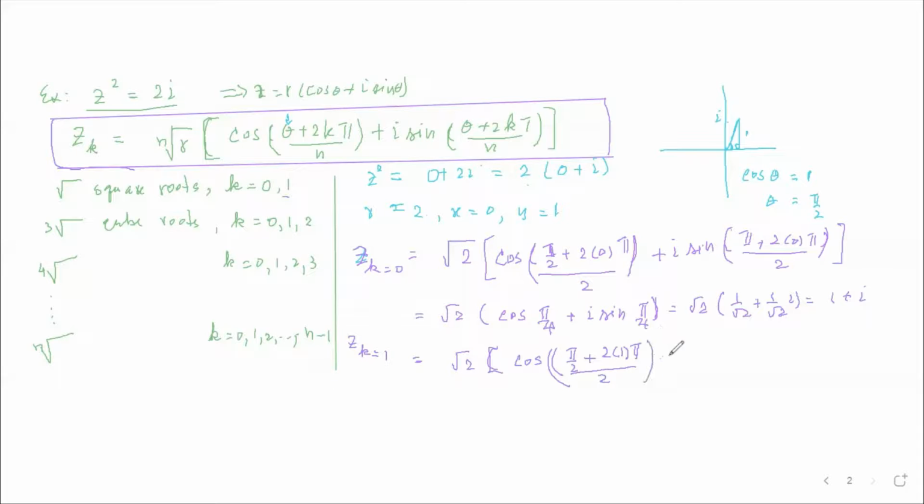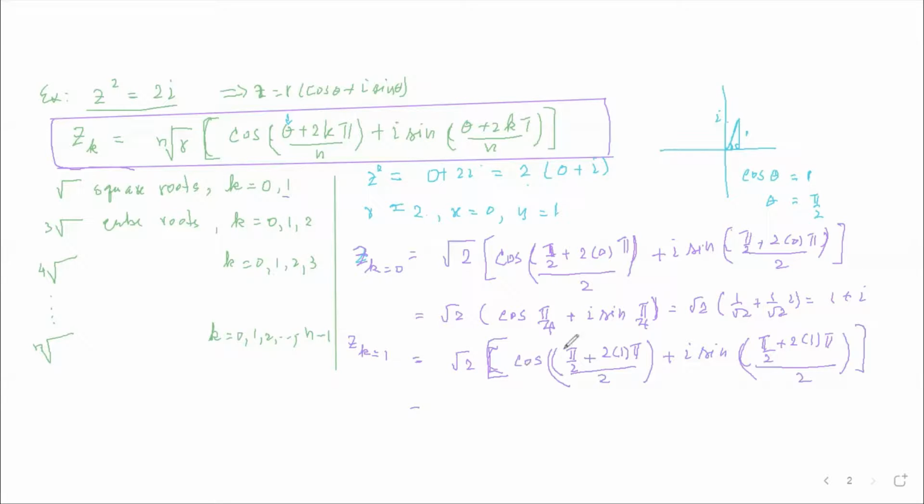Then plus i sine. So this one is pi over 2 plus 2 times 1 pi because k equal to 1. Okay, and then this whole thing is divided by 2. Close the big bracket.